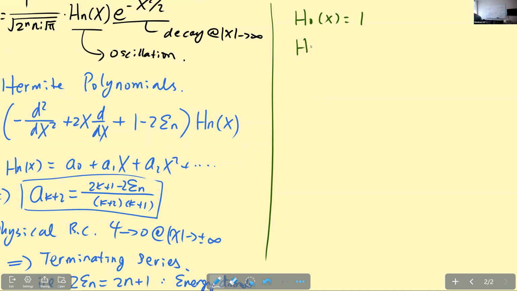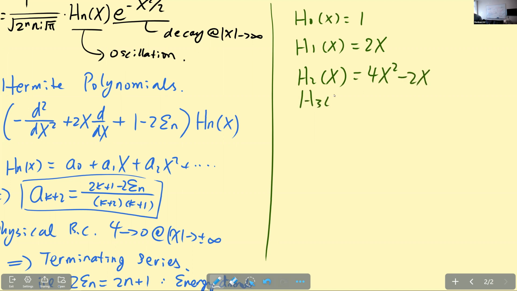And then the next term is just 2x, and then the second order polynomial is 4x squared minus 2, and the third order is going to be 8x cubed minus 12x. So you can see that this one has 1 term, and this one has 2 terms.